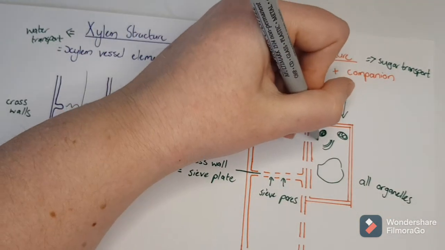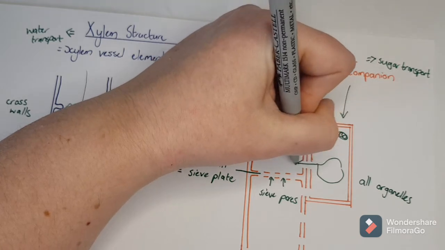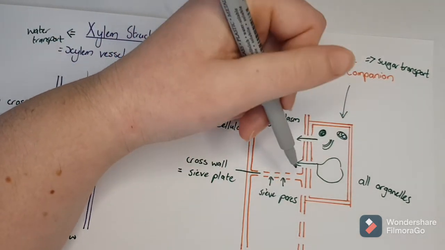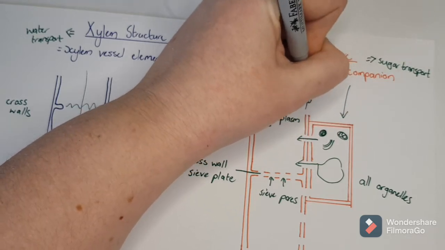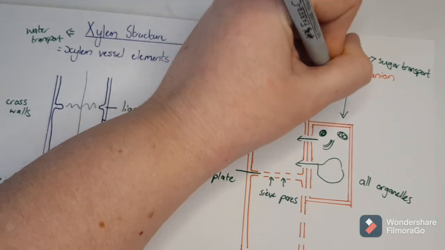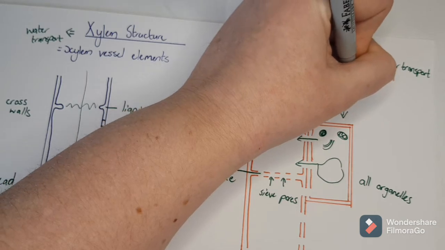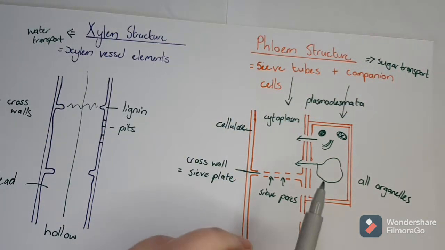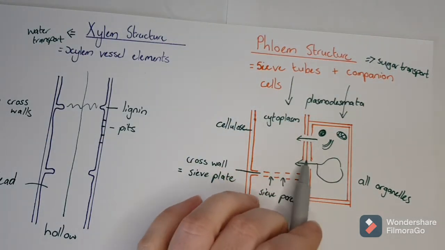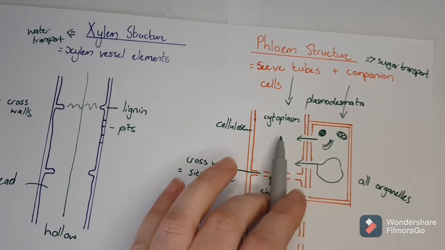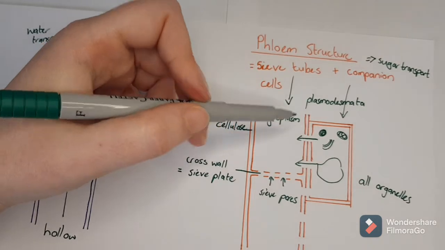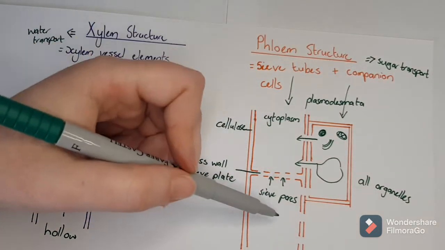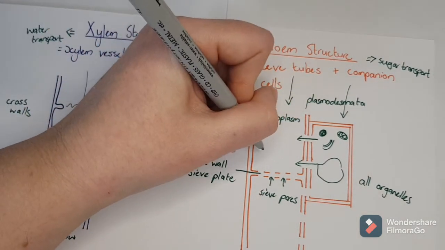And then it has connections moving through into the sieve tube element, and those we call the plasmodesmata to allow for easy movement between them, because obviously these need to communicate with each other because they are connected. So the only things that you would find in your sieve tube are very limited organelles.